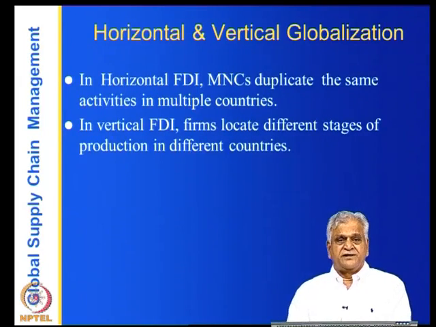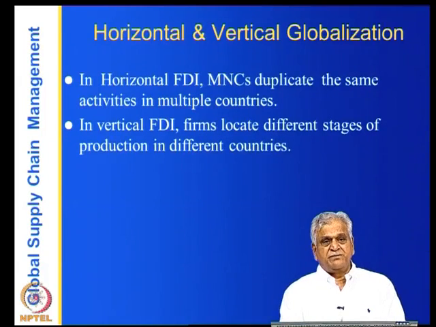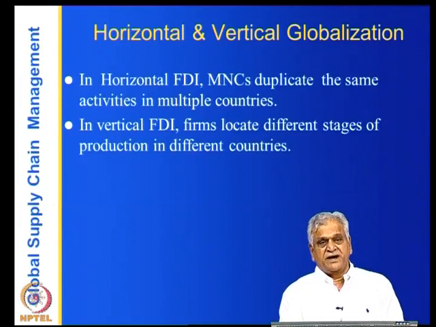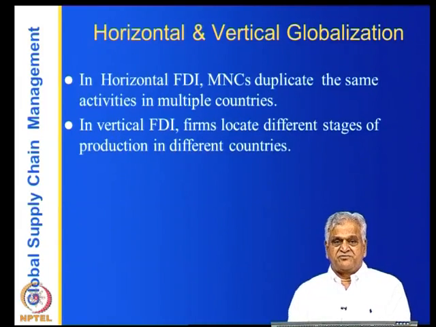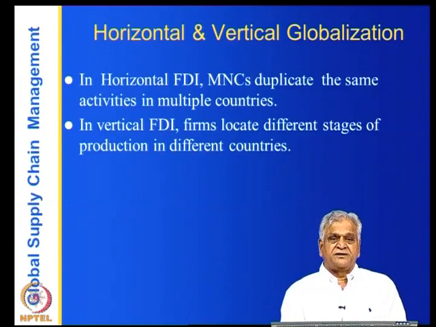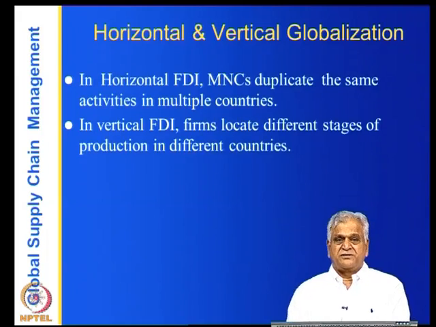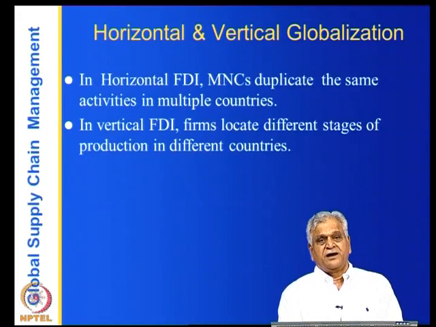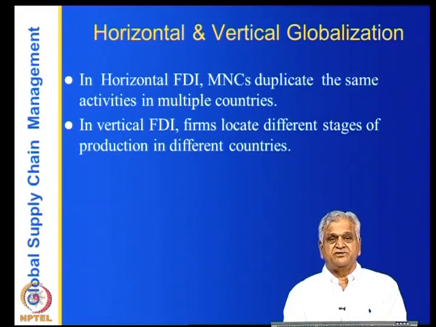In other words, the Intel chip is made in Malaysia, the power supply is made in India, and the monitor is made in Thailand, and all these are brought to a particular country where it is all assembled, which is close to the customer, and delivered to the customer.